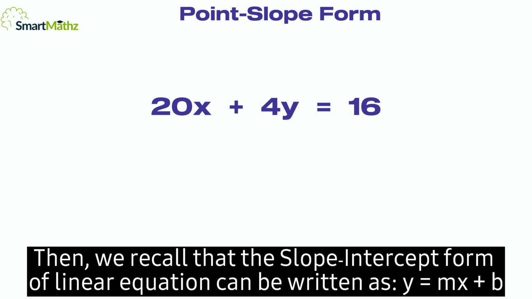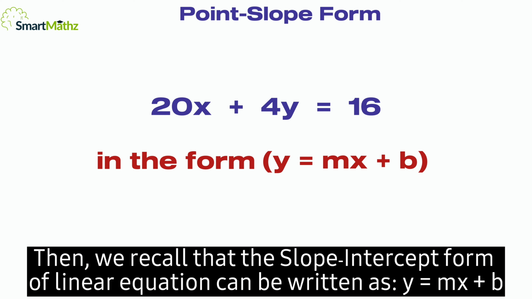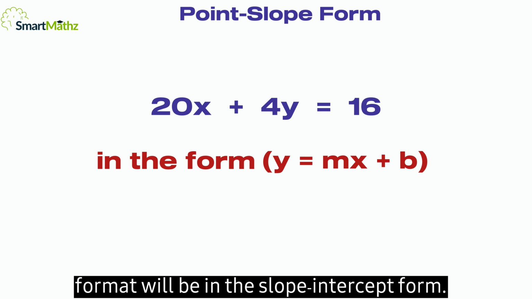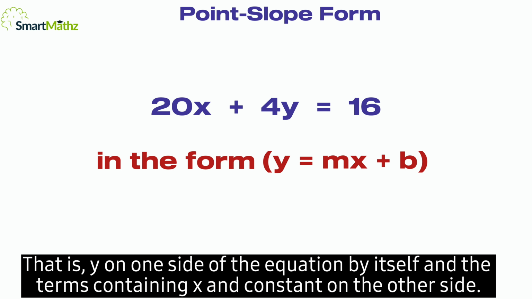Then, we recall that the slope-intercept form of linear equation can be written as y equals mx plus b. Our goal is to arrange the equation such that the format will be in the slope-intercept form. That is, y on one side of the equation by itself, and the terms containing x and constant on the other side.